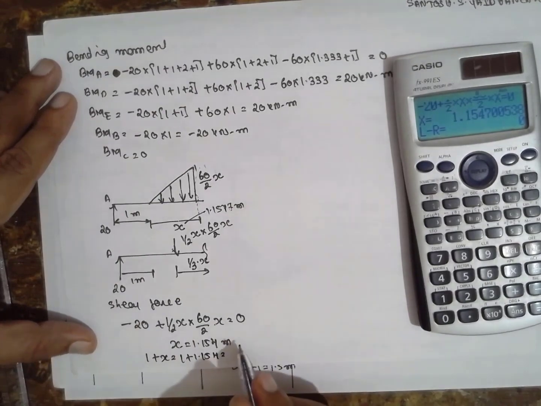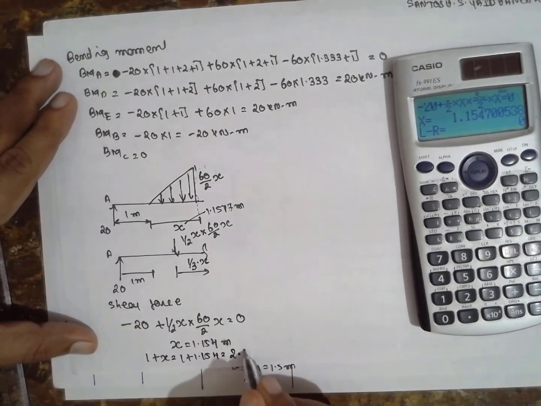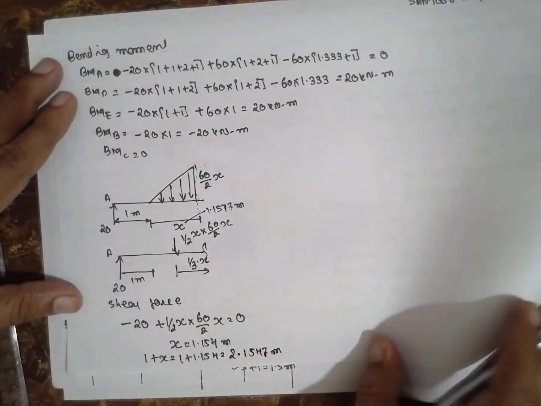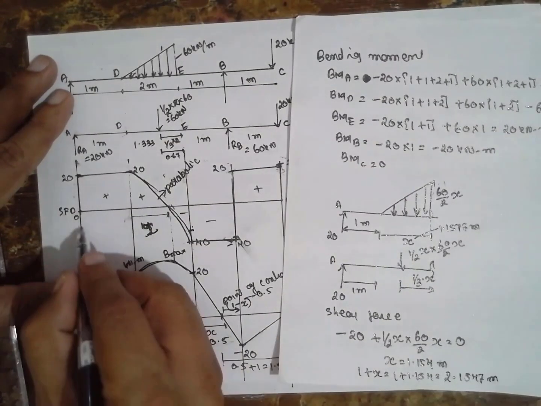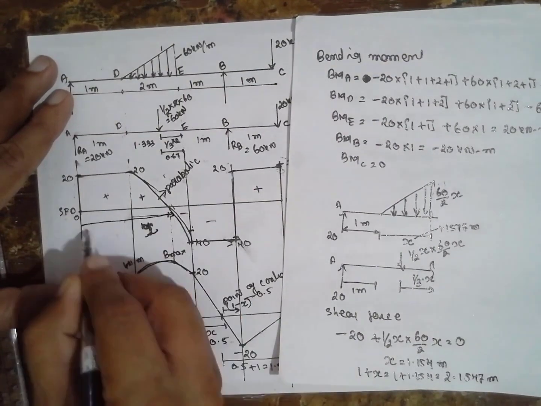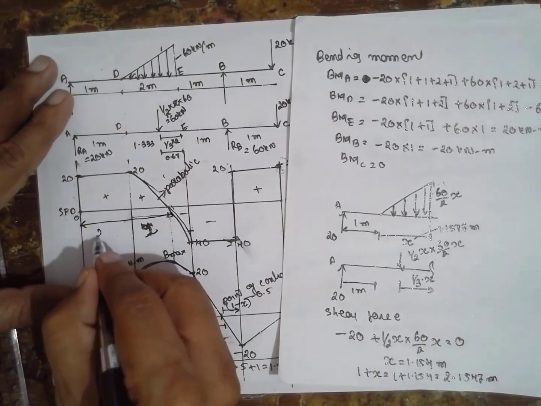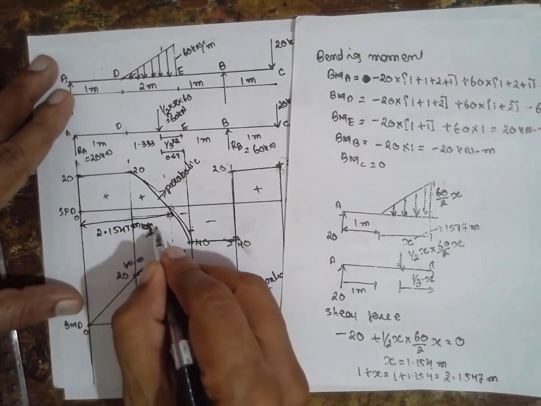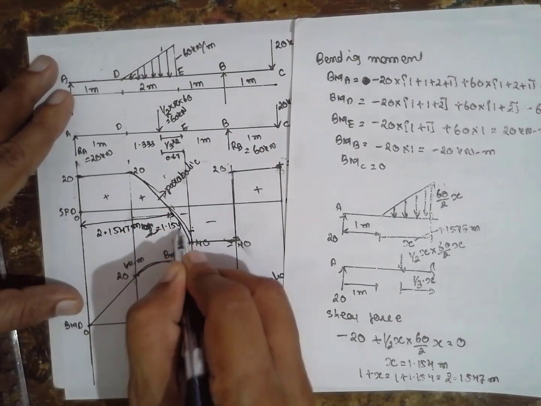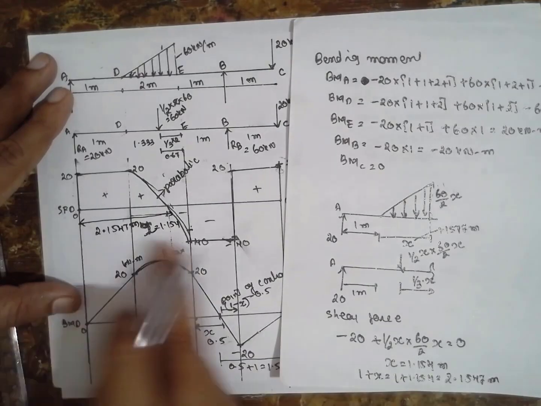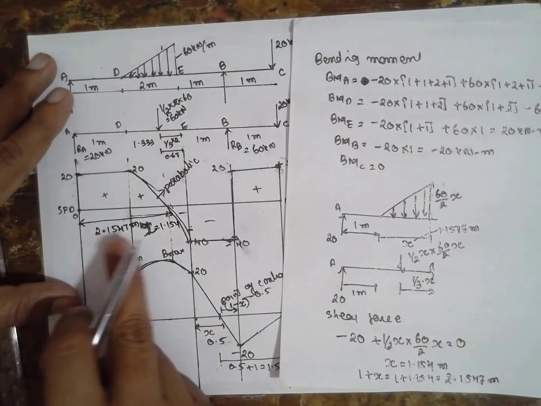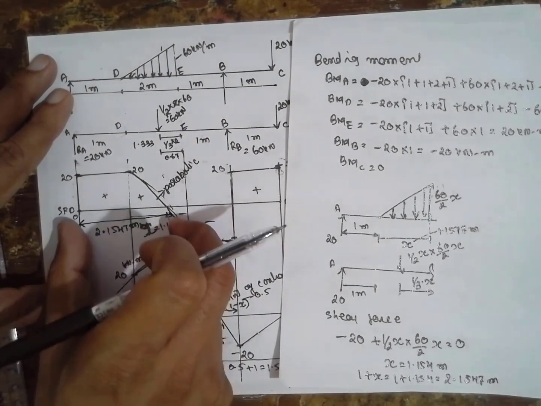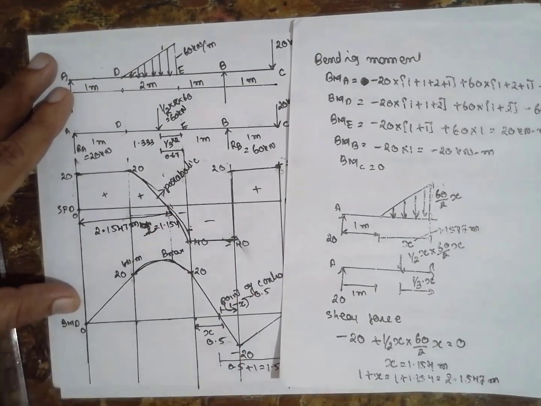The answer will be 2.1547 meter. The total distance from this part to this part will be 2.1547 meter. If you add it, you will get the total length from this part to this part.